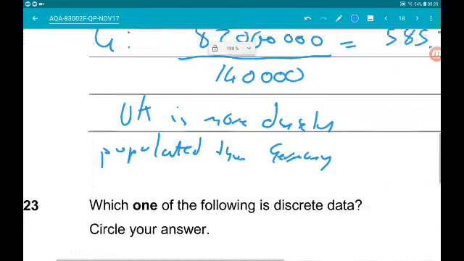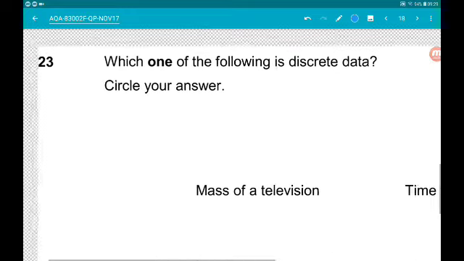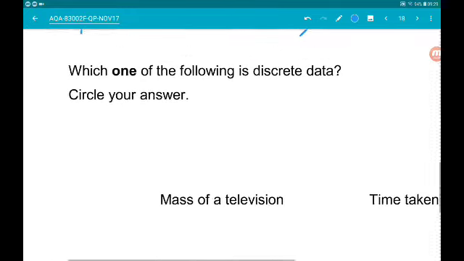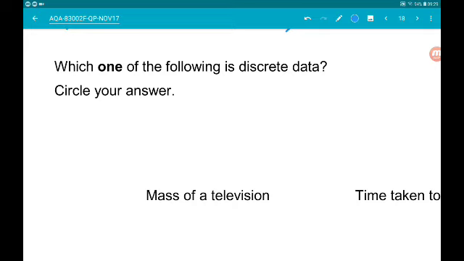Cool. Okay, 23. About time with a multiple choice. Which one of the following is discrete data? So, there are 2 types of data. Discrete are things that you can count, like sweets in a bag, days in a week, people in your class.